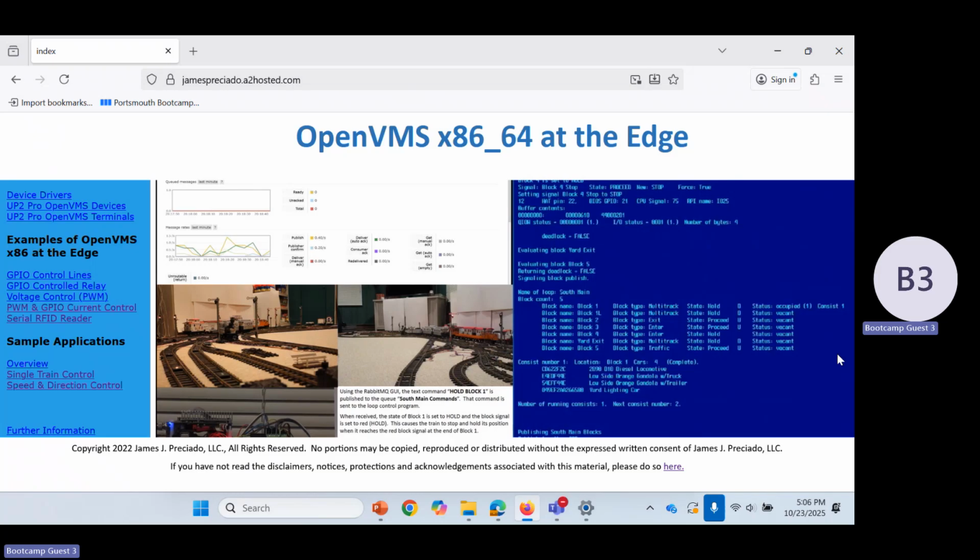So what you'll actually see on the VT screen is you'll see this guy just progressing through the various points. And when it straddles them, it'll say both blocks are occupied, and this train is actually in both blocks. And then when it hits the end part, it'll move from here to here. The status will change to vacant. If there's somebody else behind it, then that block will be set to proceed.